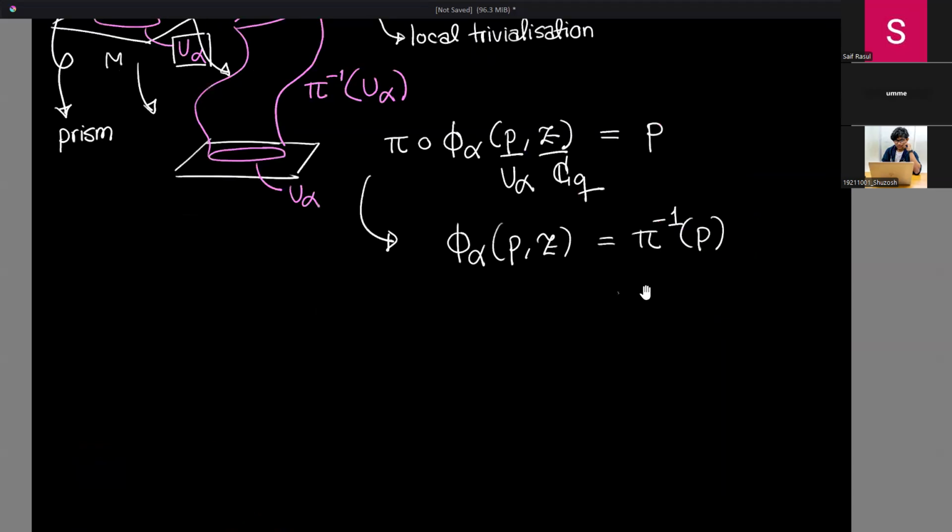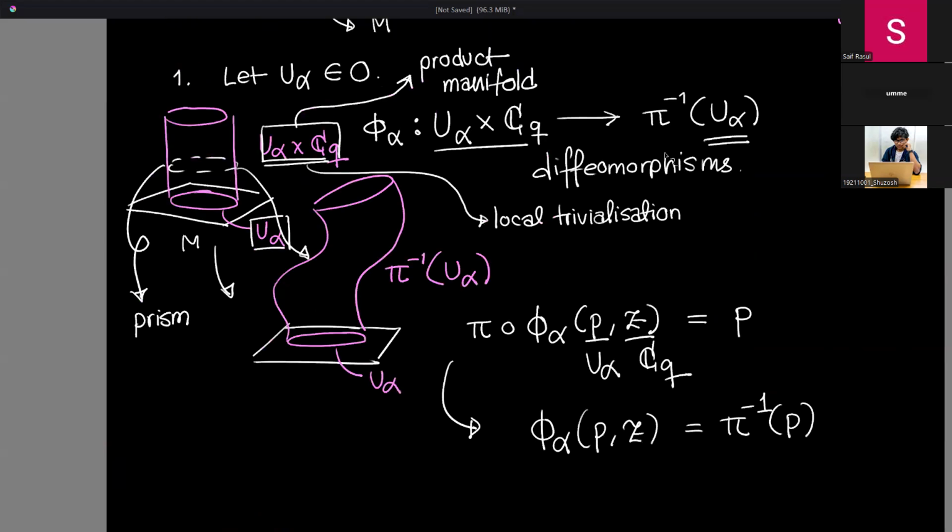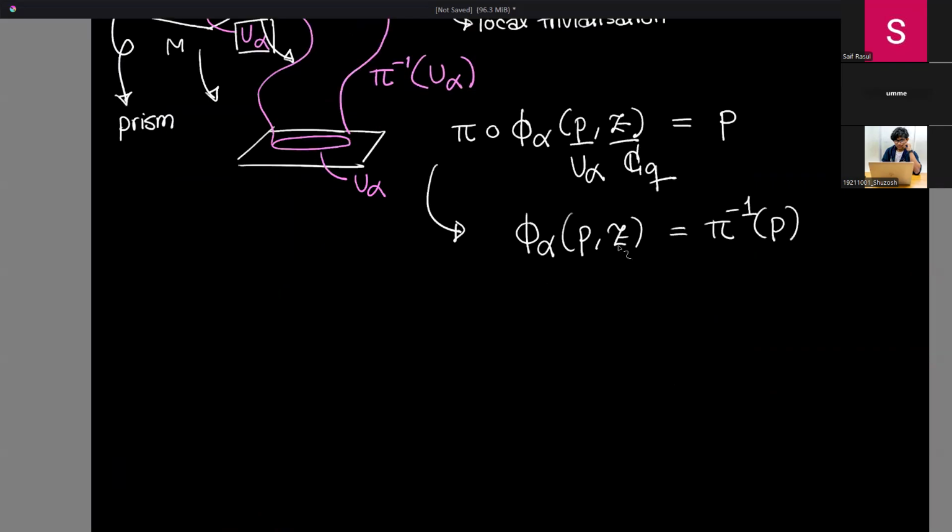So we're saying that this diffeomorphism needs to take each point. Here z is a point in the vector space C^q, but p is the point on the manifold.